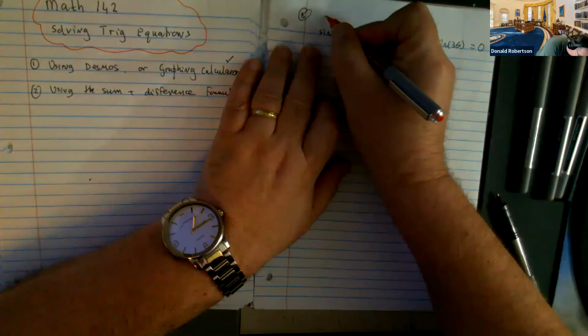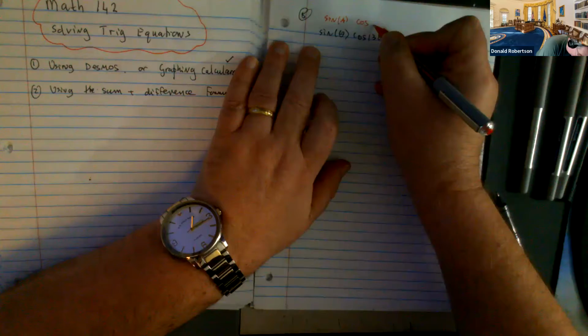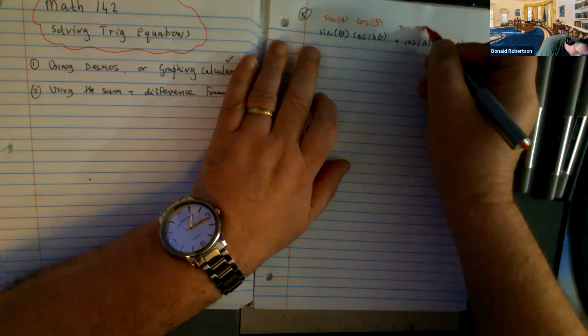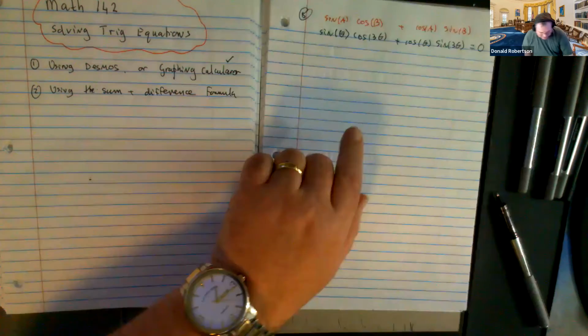And if you go hunting through all of these formulas, you'll find one that looks like this: sine of A cosine of B plus the cosine of A sine of B. This is the sum or the difference of a trig formula. Does anybody recognize which one it is?